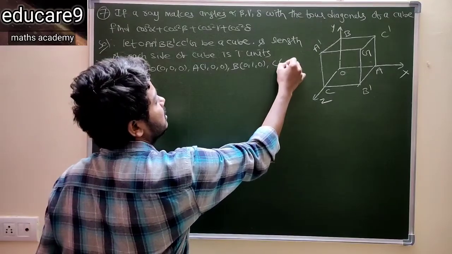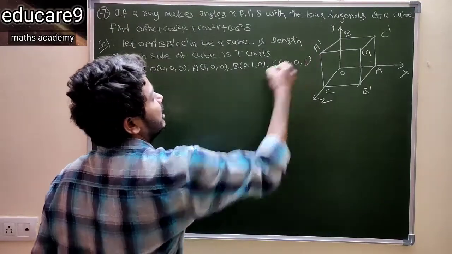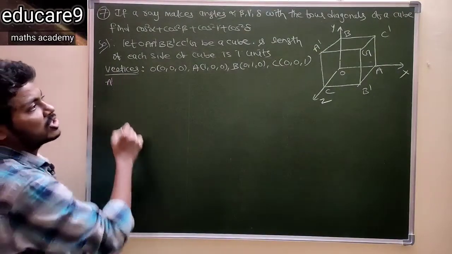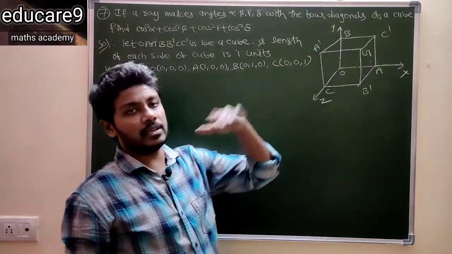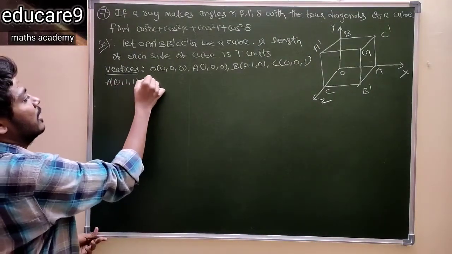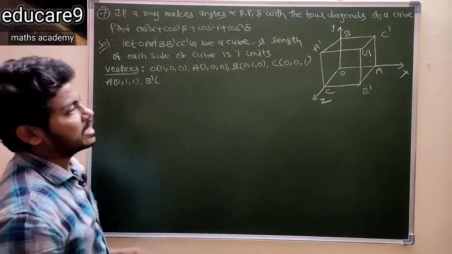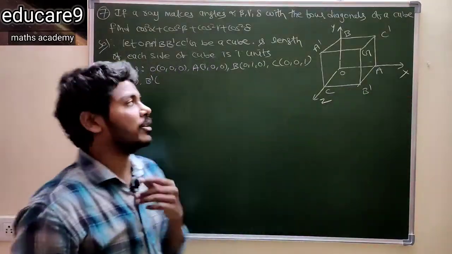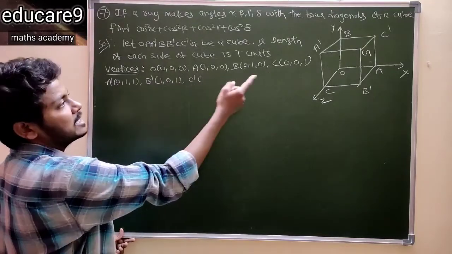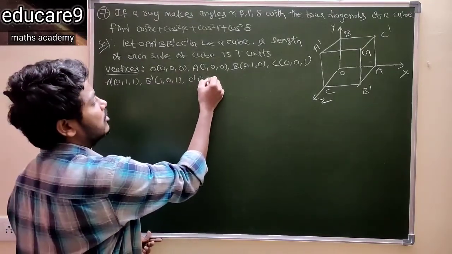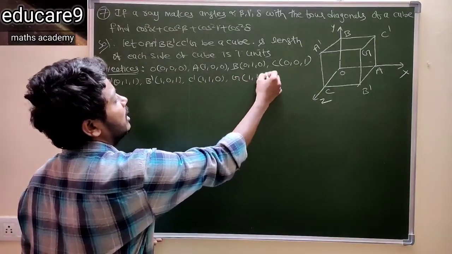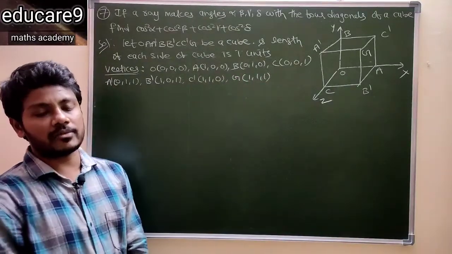Similarly, write the vertex C, 0, 0, 1. Next, A dash, which lies on yz plane, x coordinate is 0. So 0, 1, 1. And B dash, which lies in xz plane, y coordinate is 0, 1, 0, 1. And C dash lies in xy plane, it is 1, 1, 0. And G is 1, 1, 1. So these are vertices of a cube.